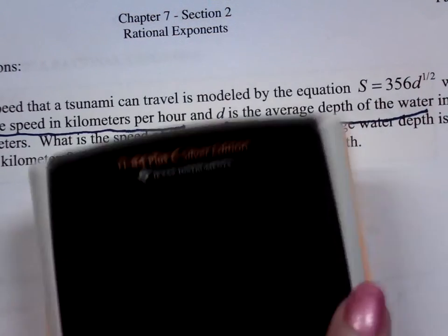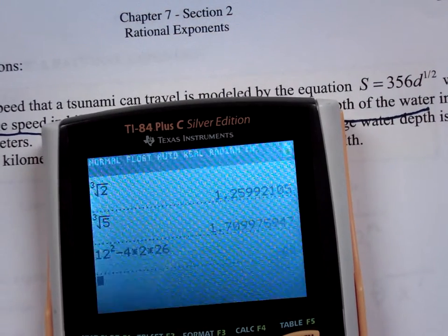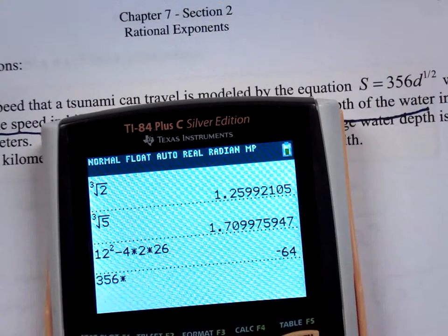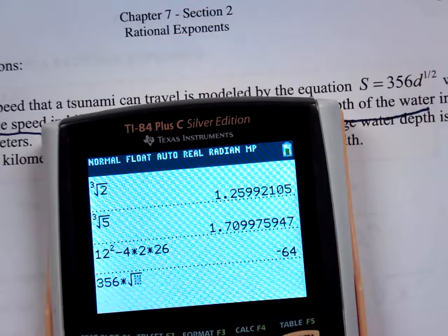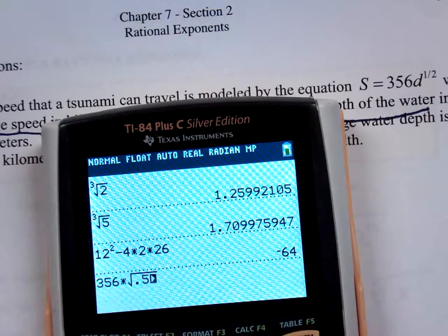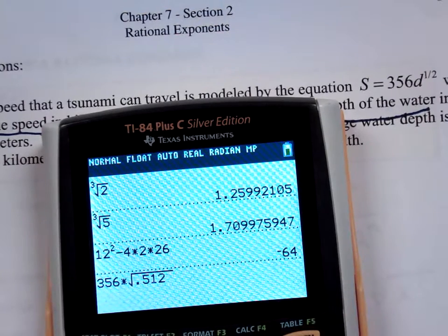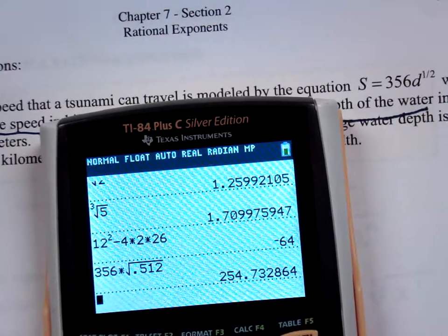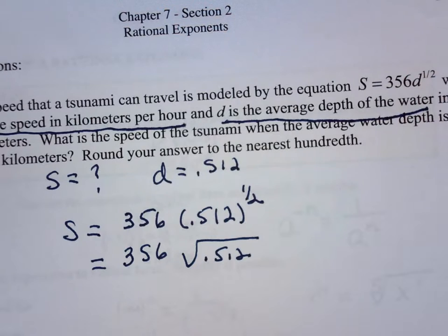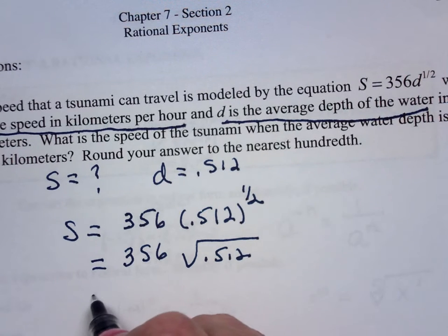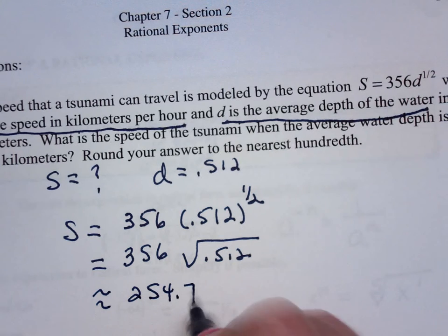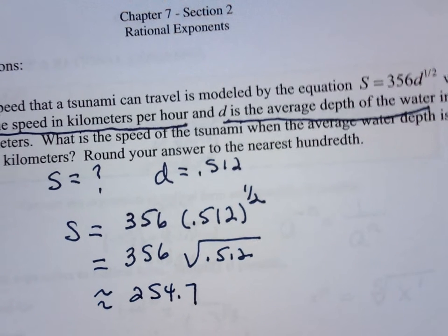So now I just take my handy dandy little calculator, and 356 times the square root of 0.512, hopefully I'm right, it's 254.7. What's my units?